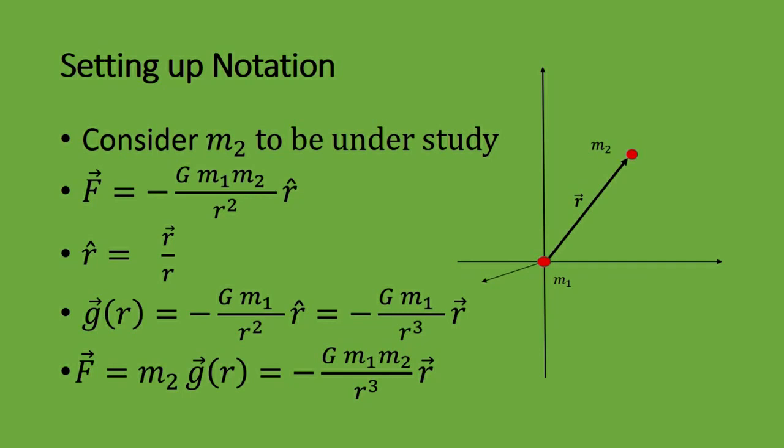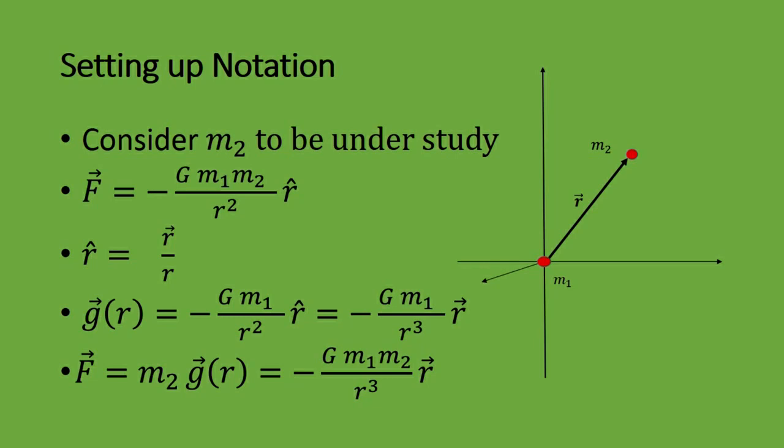Now, to remind you, r unit vector, or in general any unit vector, is defined as, in the case of r unit vector, equal to r vector, the position vector, divided by its magnitude. Now, this will give us a unit vector, which clearly has a magnitude of 1. R vector has a magnitude of r, and the denominator is r, so the magnitude of r unit vector is 1.